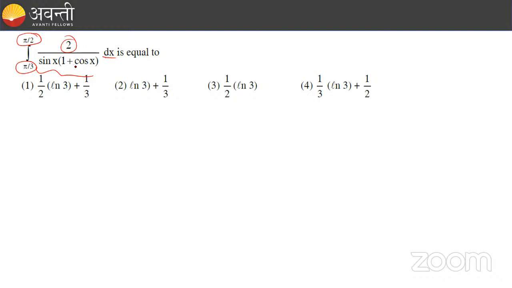So what we can do here is integration pi by 3 to pi by 2. We are multiplying by 1 minus cos x.